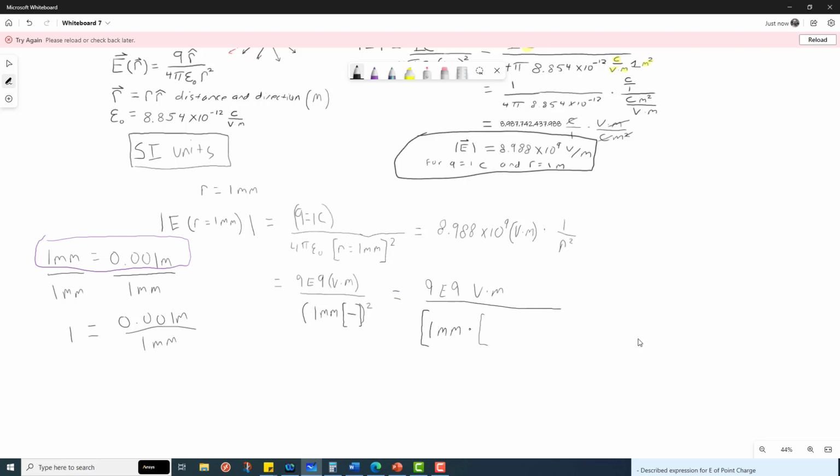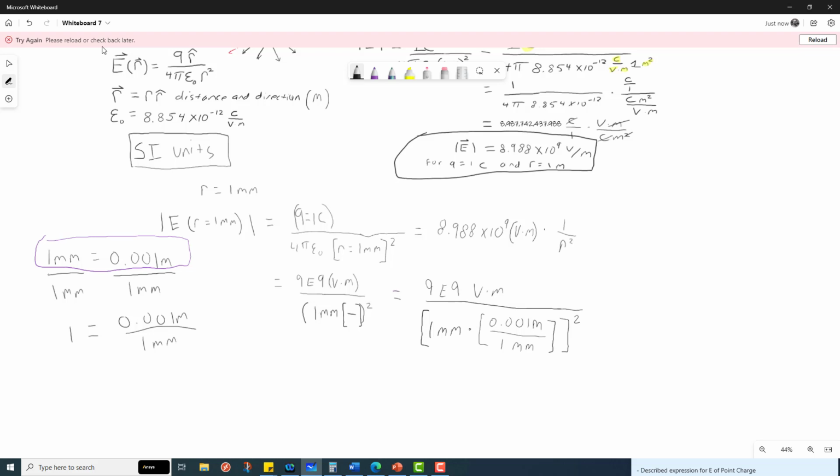Let's write that down: 0.001 meters divided by 1 millimeter. And remember to keep track of the brackets. We didn't do the squaring yet, and that's probably one of the most important things here.